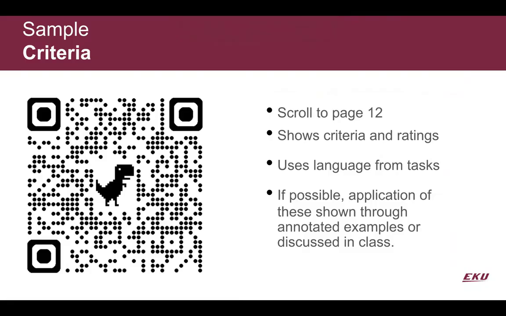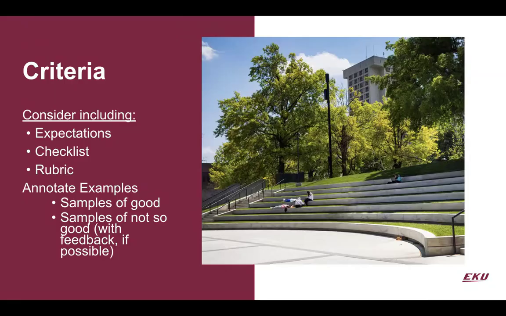Maybe you can decide it would be useful to have a check sheet, or I know somebody else in my department who uses a checklist and I'd like to use that in mine. Or maybe we can do a rubric, or maybe we can do this classroom design rubric. So come up with some ideas for what things you might like to include, as well as some ways that you might want to address using samples.